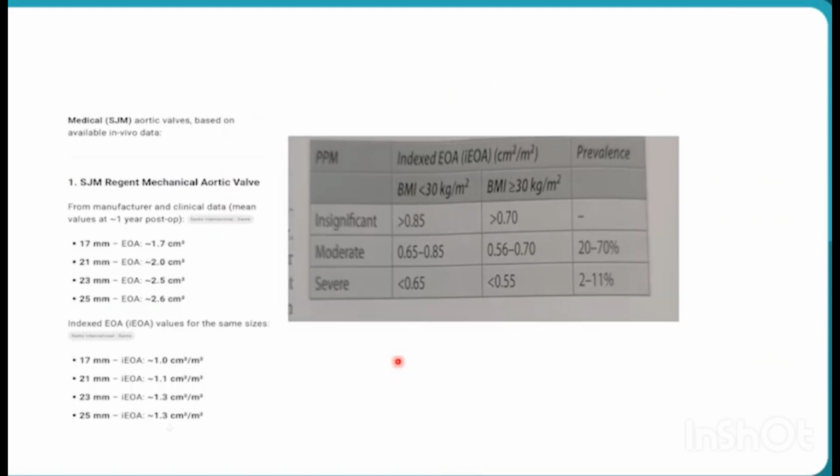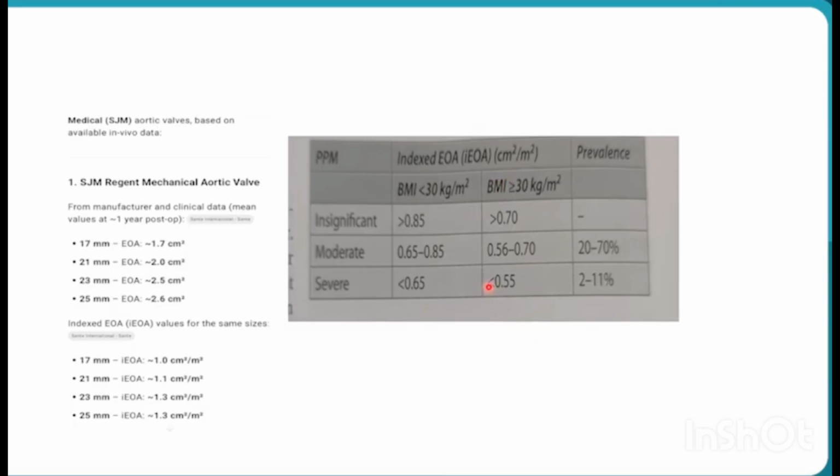This is a short table as studied: the prevalence of moderate PPM is about 20 to 70% and severe is about 2 to 11%. And this is for the aortic valve. If the body mass index is more than 30, so the patient is obese, the cutoff value is EOA divided by body surface area.